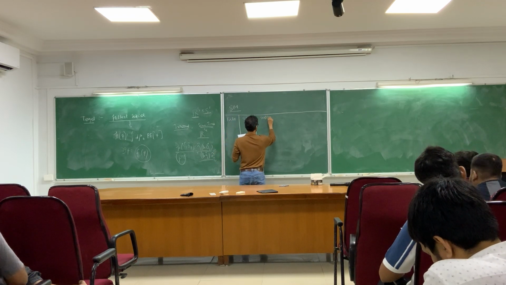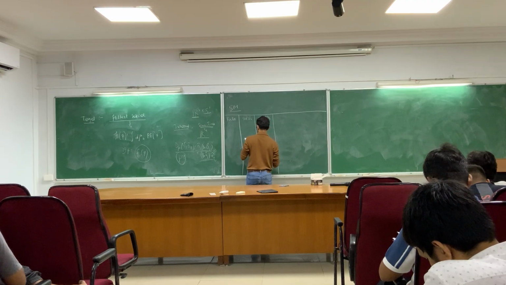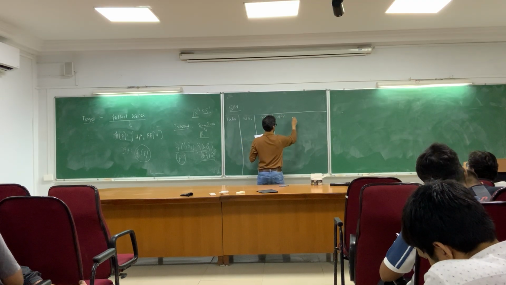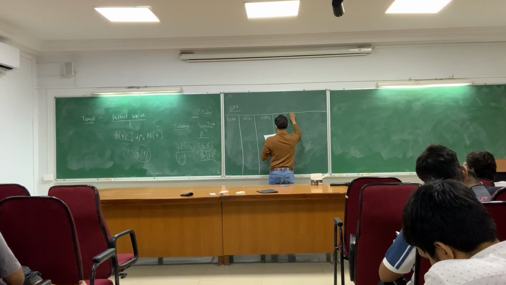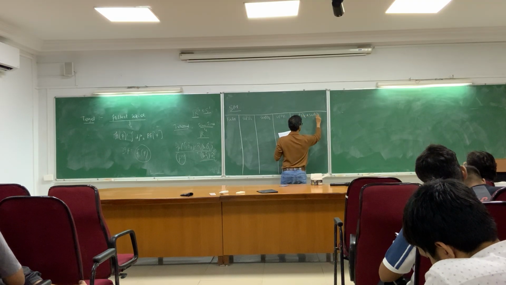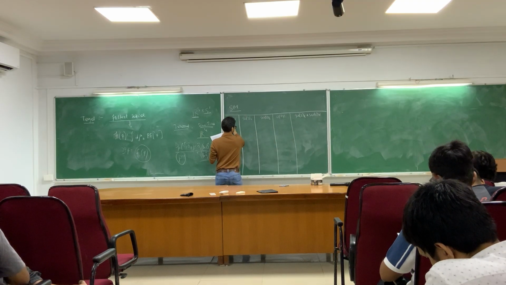This is my SU2L. This is my U1Y. And this is my SU2L cross SU2R, which is basically my space-time symmetry.